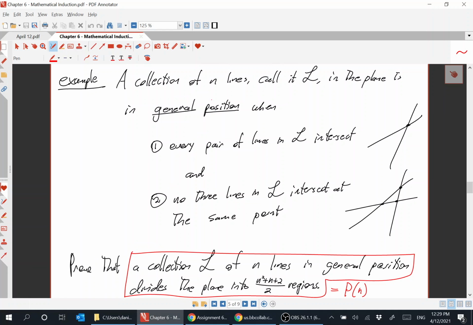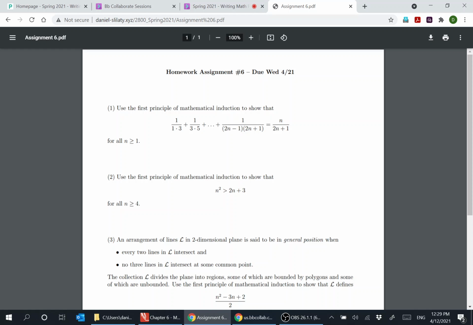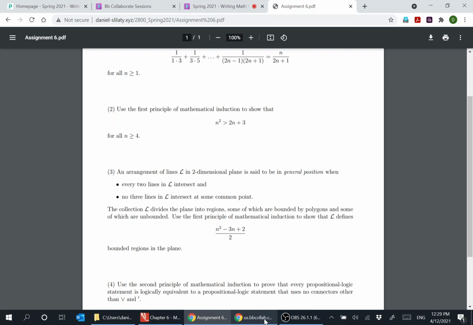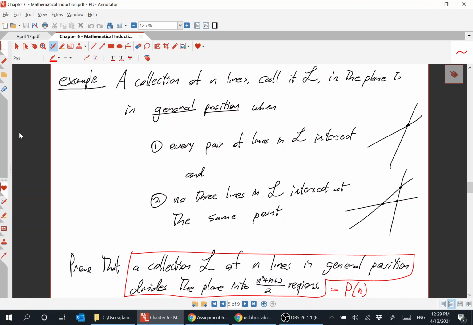And the first few problems that we did using the first principle of induction, they involved equations, or inequalities with certain simple identities, like this one here, problem number 1, right? Simple identity, and problem number 2, just a simple inequality. But things get a lot more interesting when you start getting into more geometric things.